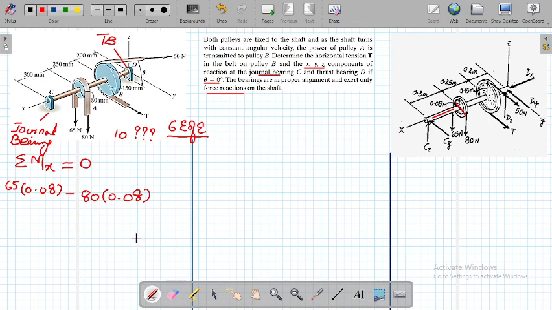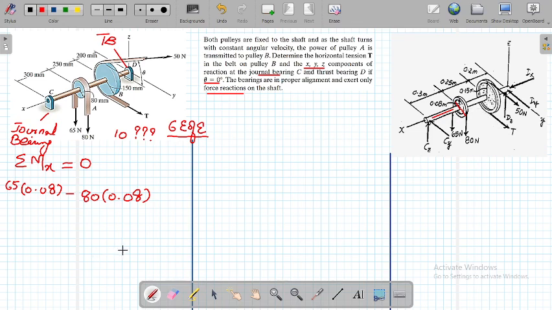Then you go to the other force, which is the T force, along the y-axis. What is the radius of this force? You can easily say it is 0.15 meter along the z-axis. T is along the y-axis, and the moment radius is along the z-axis.